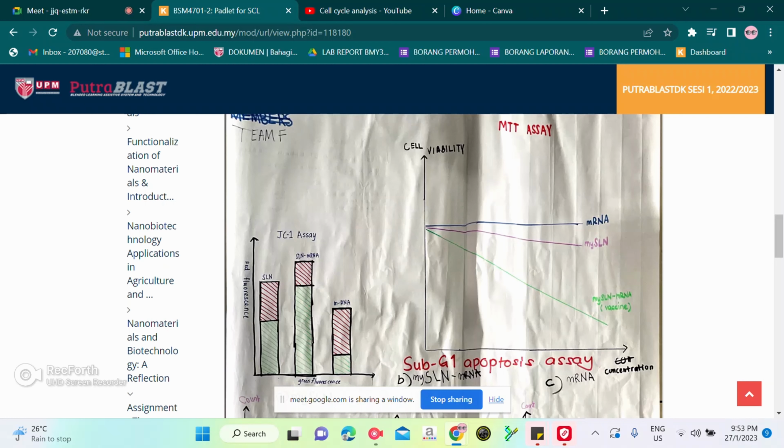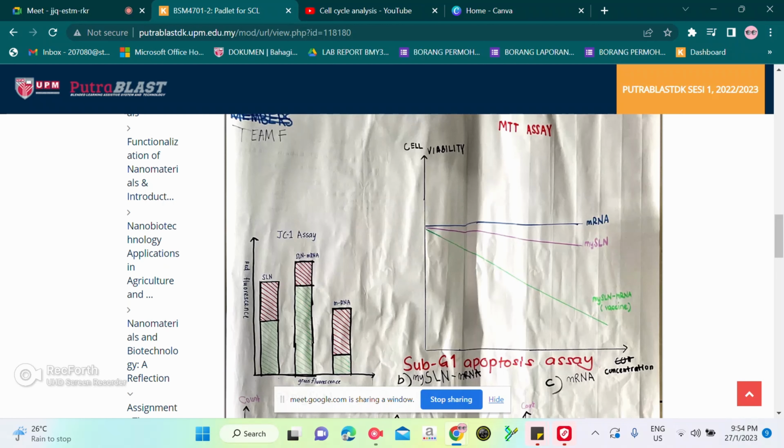The second is the concentration of the MySLN, which is the drug without mRNA, which still affects the cell but at a very low rate. And the third is the concentration of the vaccine itself. It will cause the cells to undergo apoptosis at a high rate.